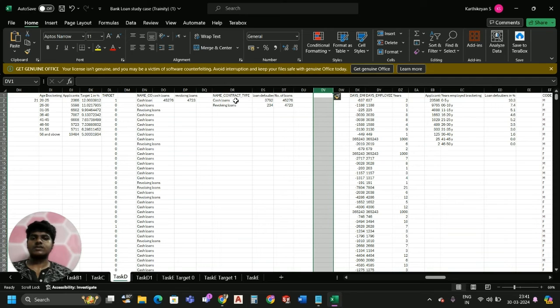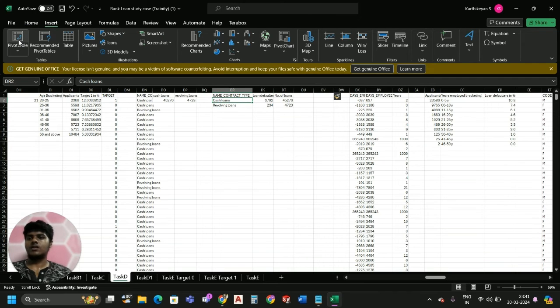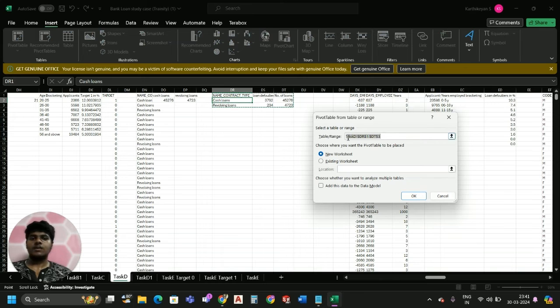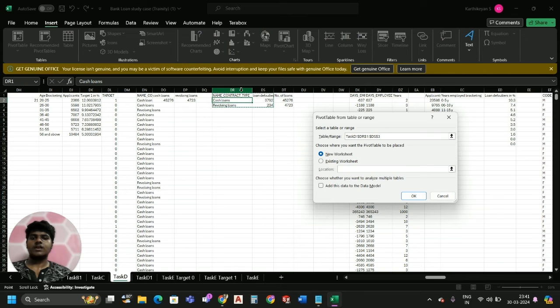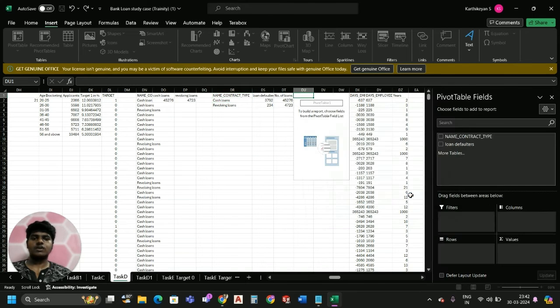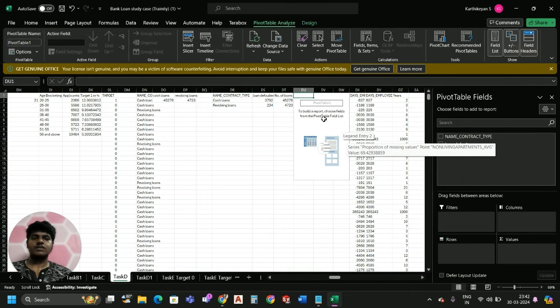In order to create this, click here, go to insert, click on pivot table, and then you need to select the table range. So I have selected only DR1 to DS3. Then I need this table in the existing worksheet. I will choose this as the destination and click on OK. Here we will get this pivot table.